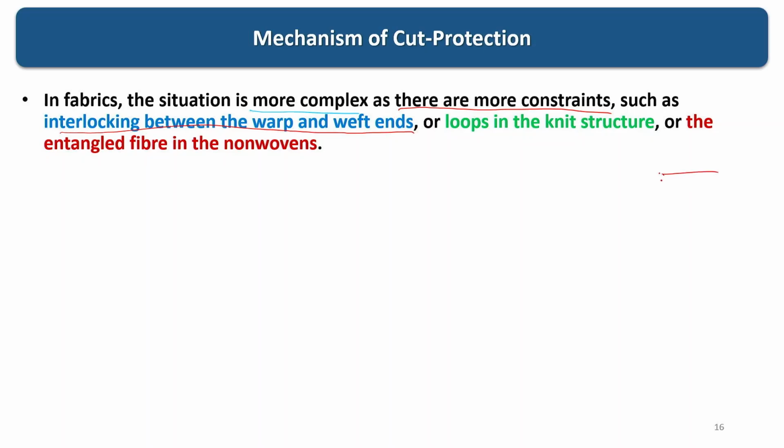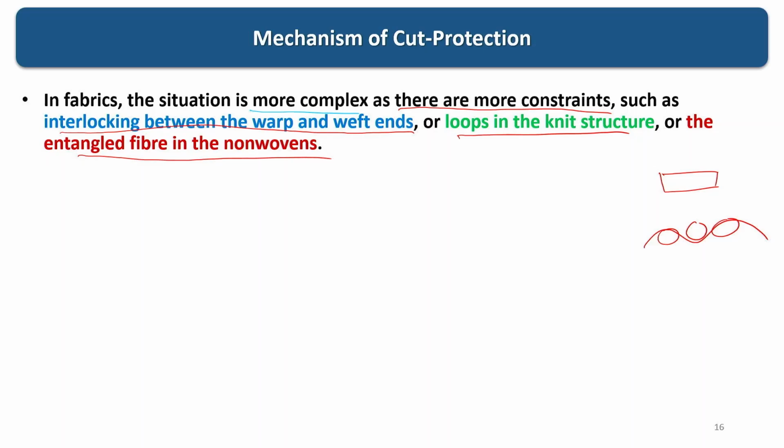This is not a straightforward material, so there will be interlacement, so they get interlocked. Interlacement between warp and weft threads, or loops in the knit structure, and the entanglement of fiber in nonwoven.